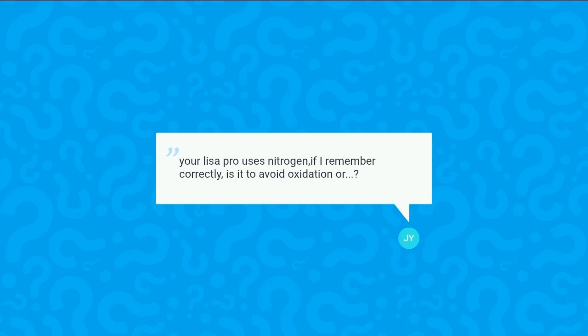It is necessary for printing from this material. So basically, the Lisa Pro is a machine that is fine for experimentation, because as Ada said, nitrogen is something that we were testing, and we had excellent results with the PA11 and also the Flexa Gray and so on and so on.